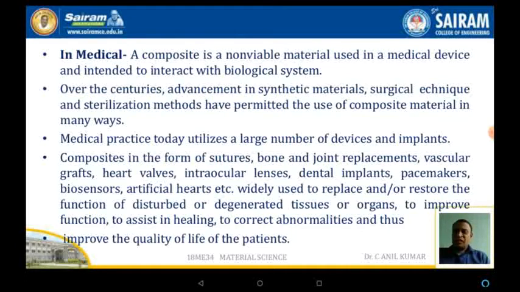The composite is in the form of sutures and even bones as well as joint replacements, vascular grafts, heart valves, intraocular lenses, dental implants, pacemakers, biosensors, artificial hearts, etc. Widely used to replace and restore the function of disturbed or degenerated tissues or organs, to improve functions, to assist in healing, to correct abnormalities and thus improve the quality of life of the patients.